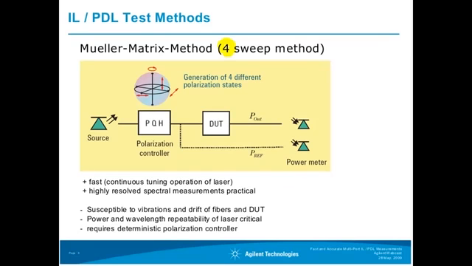By generating these 4 polarizations, you quickly sweep through the wavelength range with the source on the launching side, and that source can be, for example, a tunable laser. So you take for the 4 different states the power traces on the output side, and afterwards you do the calculation using the Müller matrix method to obtain the PDL.